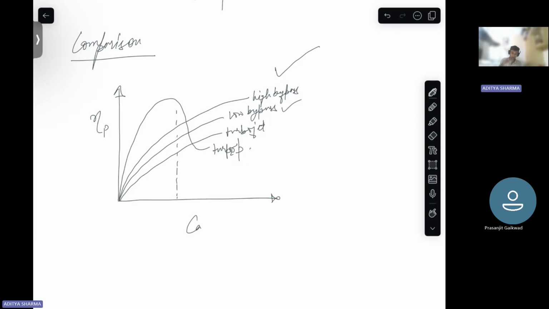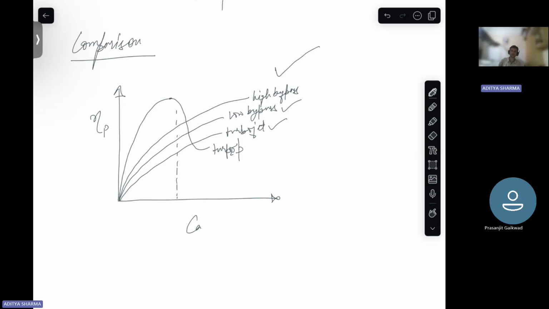Then comes your low bypass turbofan, then your turbojet. And for your turboprop, up to a certain point the propulsive efficiency increases.